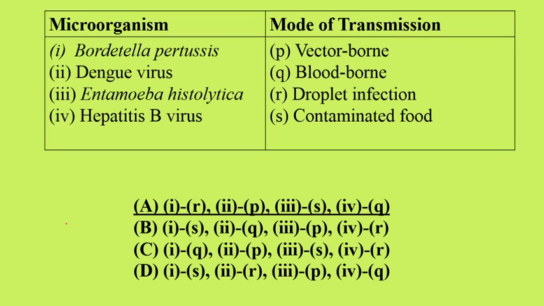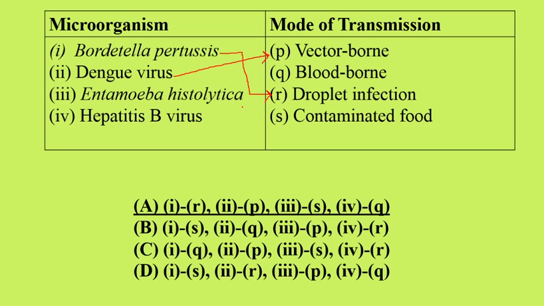Now we have a match the following, in which we are given some microorganisms and we have to tell the mode of transmission of the disease. The first one is Bordetella pertussis. Its mode of transmission is droplet infection. Dengue virus is vector borne; it needs a vector.